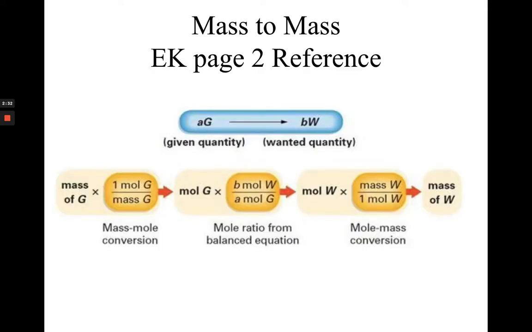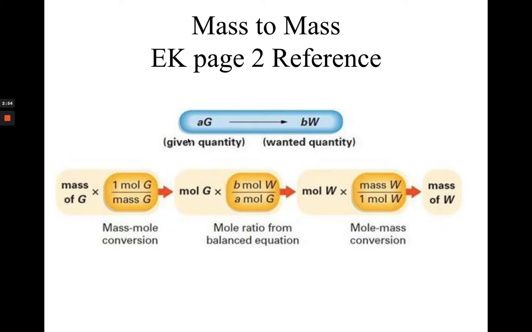Now, just as reference for each one of these steps, this is the most practical stoichiometry problem. Generally, you're given a mass in grams, and you're going to want to know a mass also in grams. And then you're going to need a balanced relationship between two quantities in a chemical reaction.